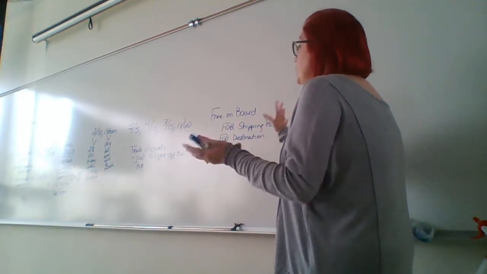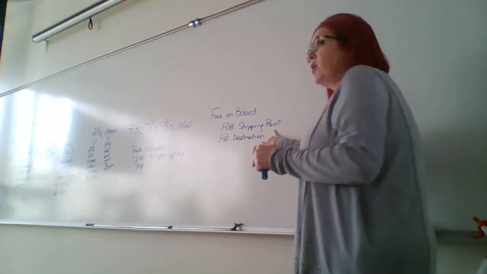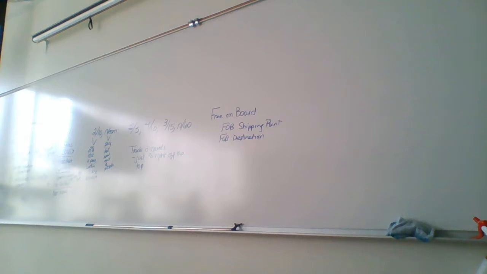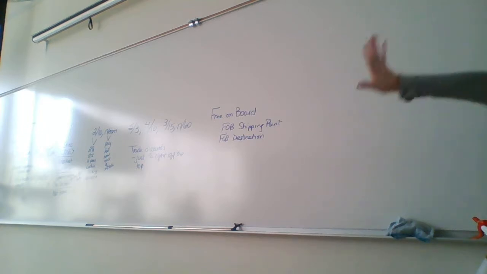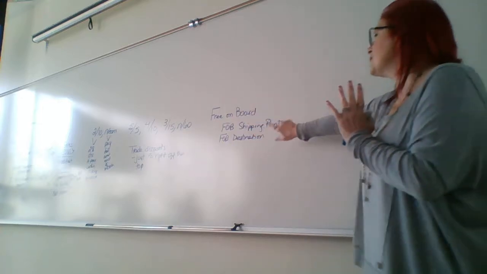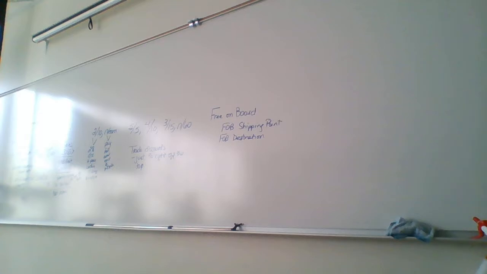So if you're purchasing inventory and it's free on board shipping point, that means that you, as the purchaser, take title at the place they ship it from. So if anything happens to those goods from the place they take off at the warehouse until they get to you, if they fall off the truck, anything like that, you're responsible to have it insured. You're responsible if there's any loss.